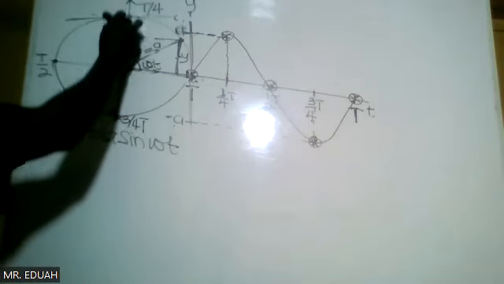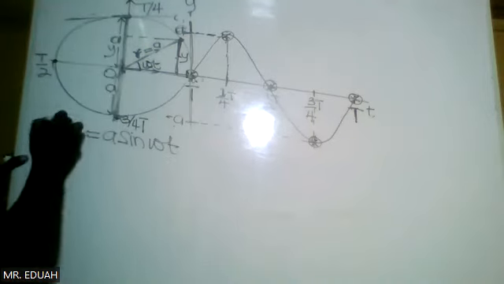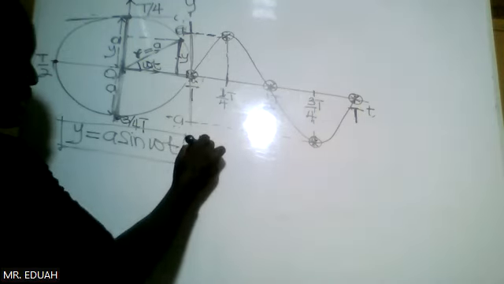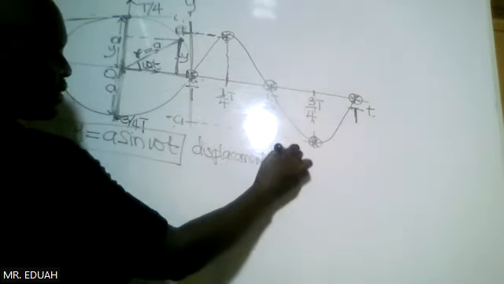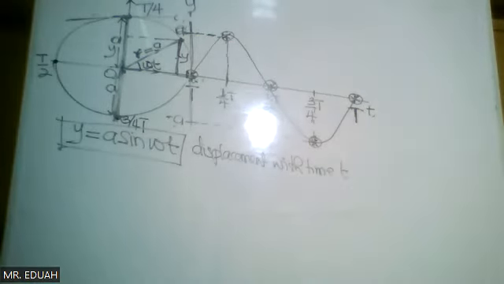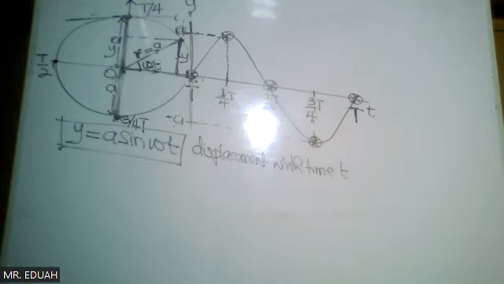So when it moves from this point to this point and back, you can use this to find the value of the displacement. We call this the displacement equation with time t. So at any time t, you can find how the oscillating body has moved from the origin, or how it is displaced. Is that okay?